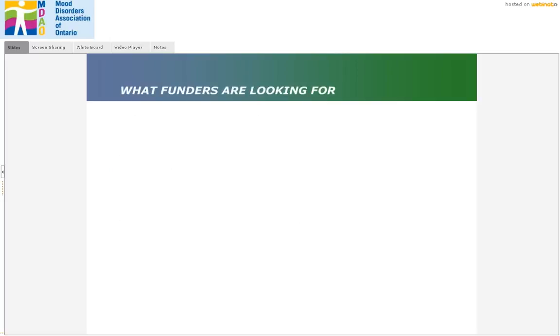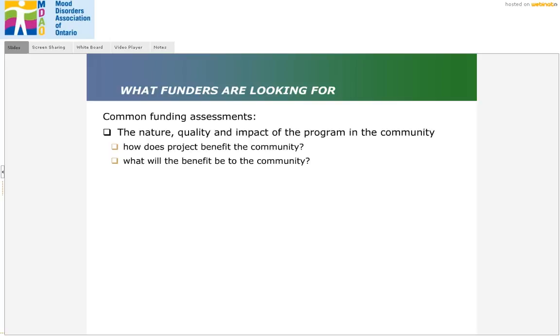So what exactly are funders looking for? There are many different criteria that funders are looking for, but there are common funding assessments when funders are looking at your project. That includes the nature, quality, and impact of the program in the community.